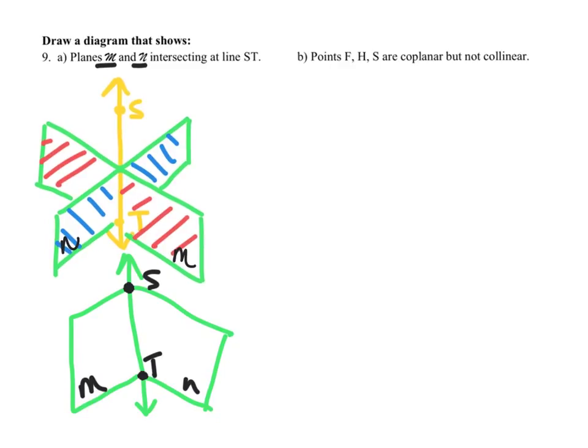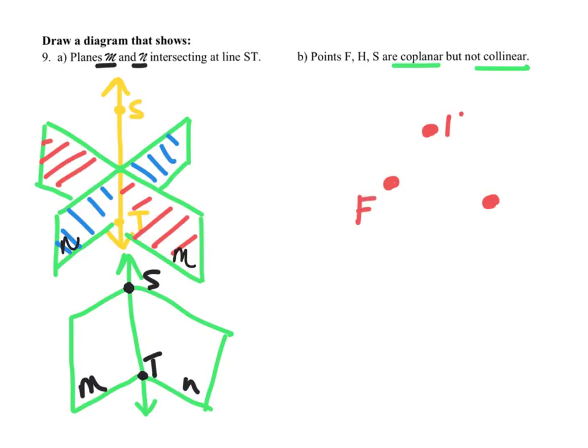Last but not least, well, for this problem. Points F, H, and S are coplanar, but not collinear. Not collinear, okay, means that they can't draw one line through them. So the easiest way to draw non-collinear points is to make a triangle.